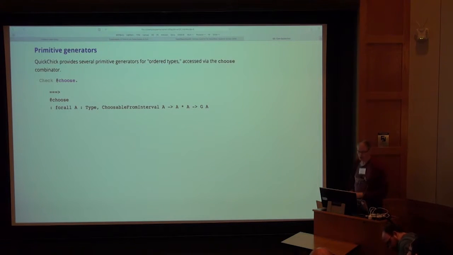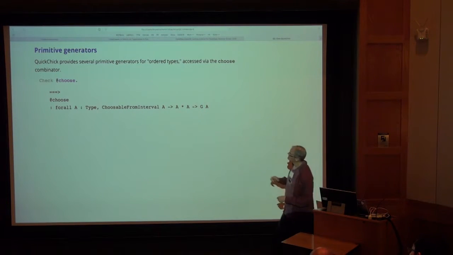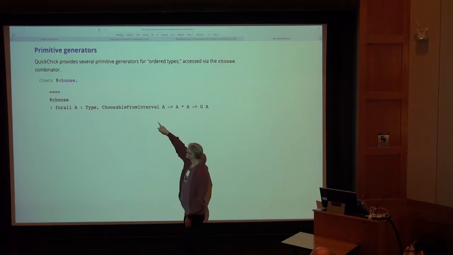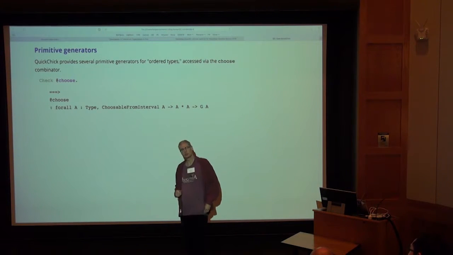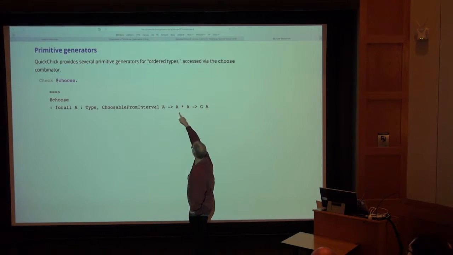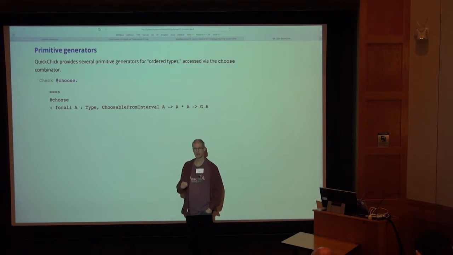Now, here is a more interesting generator that actually does something. It's called choose. And it says, tell me a type which is an instance of the choosable from interval type class. And then we'll need a pair of elements of that type that specify the interval.